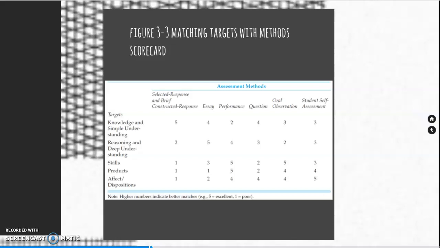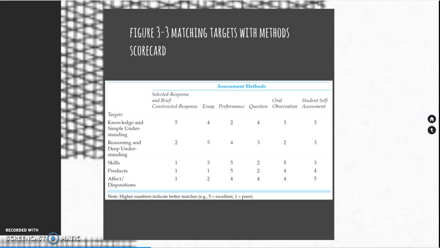Affective and dispositional outcomes are best assessed by either observing students or using student self-reports. Observations can be effective in determining, informally, many dispositional traits such as motivation and attitudes towards subjects, and student self-concept is often apparent when the student shows negative feelings through body posture, a reluctance to interact with others, and withdrawal.